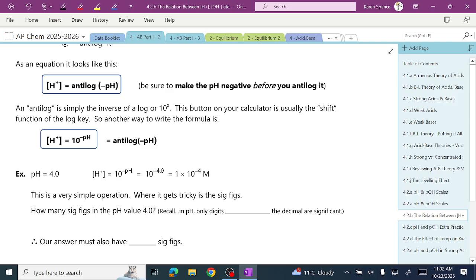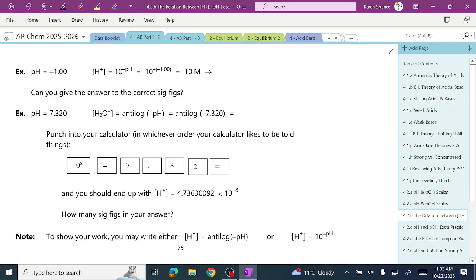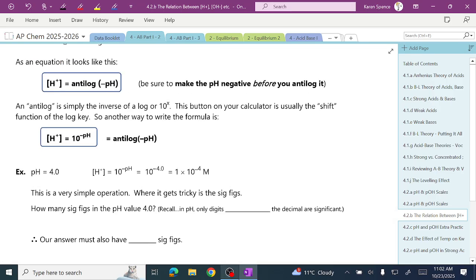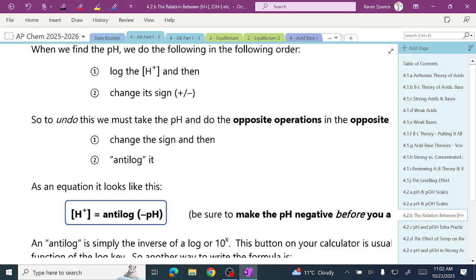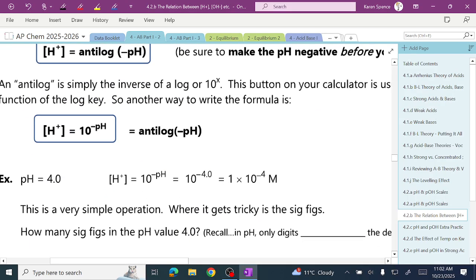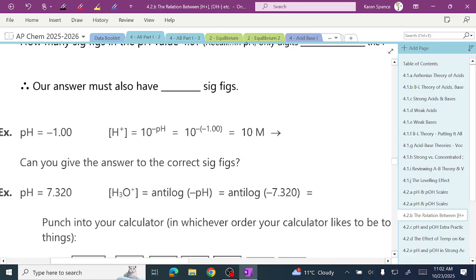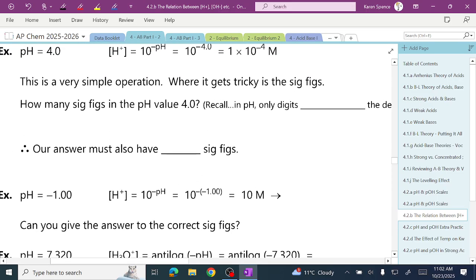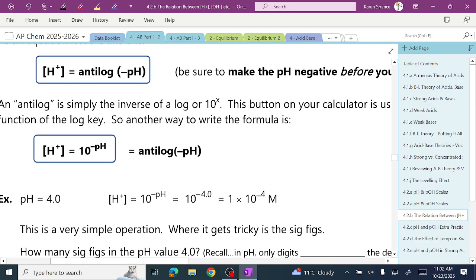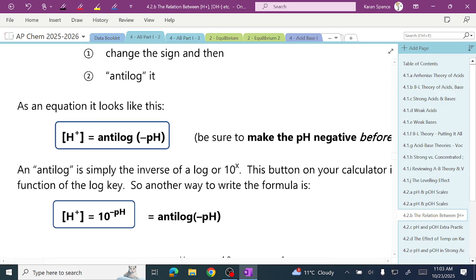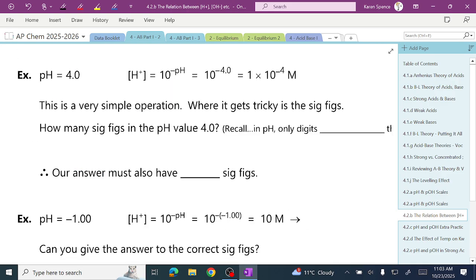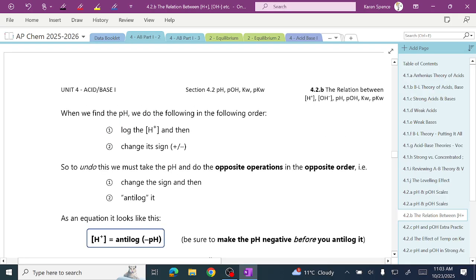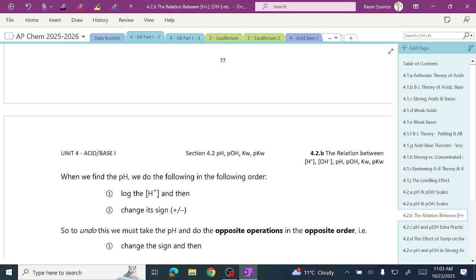Okay? We're just going to quickly on page 78 do our sig figs for going backwards. Okay, so example 4 on page, did I say 78? Yeah, okay. There we go.